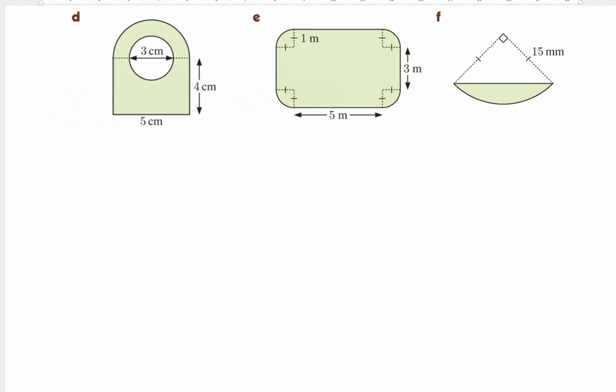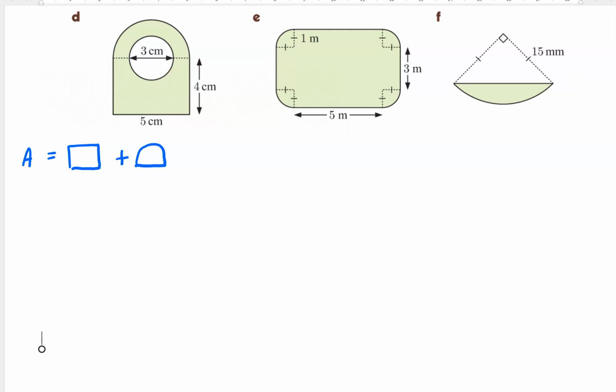Okay, you might recall very often you probably did that whole solid shape. You've seen that familiar from year 8. You can see that it is a rectangle plus this semicircle there.